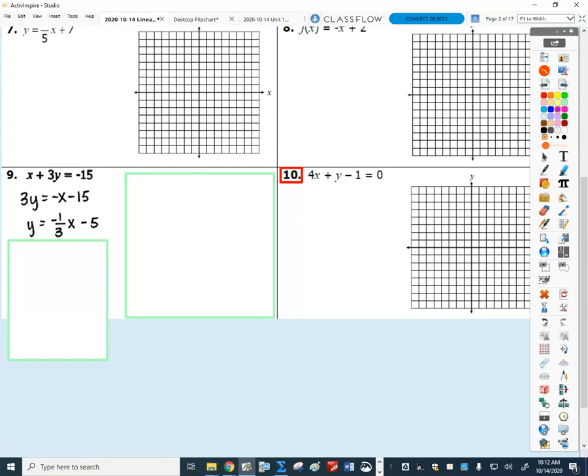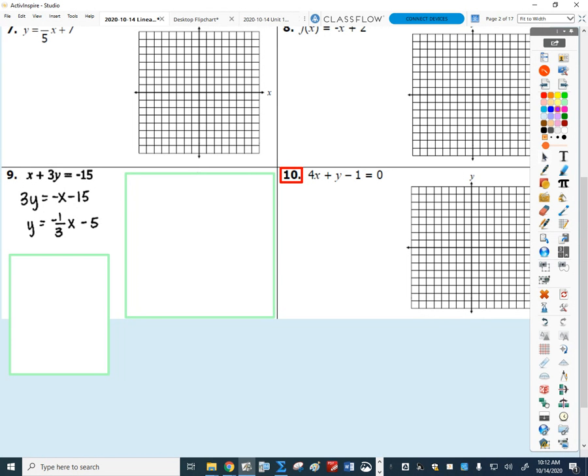Now, dividing by 3 is the very same thing as multiplying by 1/3, isn't it? Right? So we could also think about that as just distributing a 1/3 through both sides, which is going to give us a negative 1/3 x minus 5, right? And so there's our answer. There's our linear equation written in slope-intercept form. So what is the slope then?